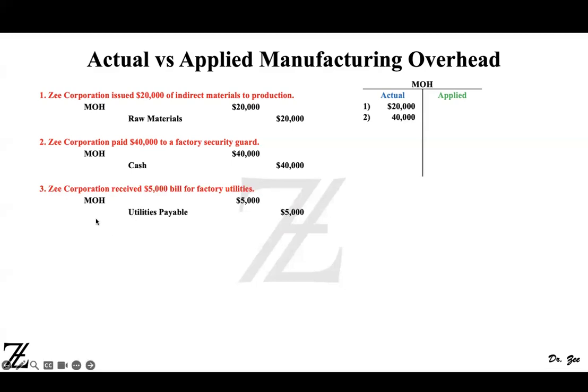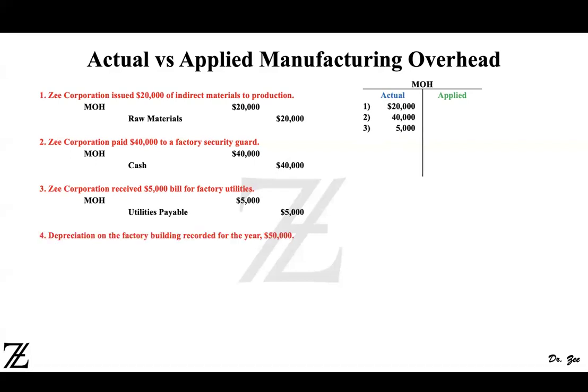So in this case, MOH is debit because they incurred $5,000 in utilities cost, but they haven't paid it. So utilities payable is $5,000. That's a liability account. When liability increases, you credit. You're crediting utilities payable and debiting MOH by $5,000. So your other factory overhead amounted to $5,000 in entry number 3.